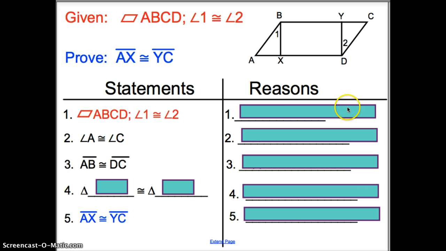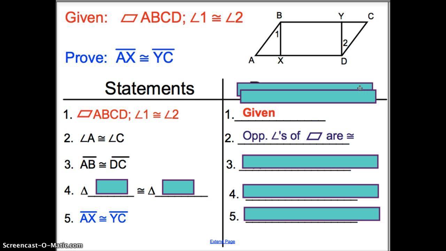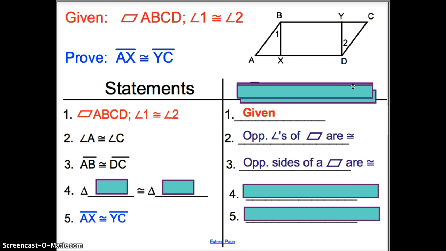The answer for step number 1 is, of course, the given. Once we know that, we can prove that angles A and C are congruent because opposite angles of a parallelogram are congruent. AB and CD are congruent because opposite sides of a parallelogram are congruent.